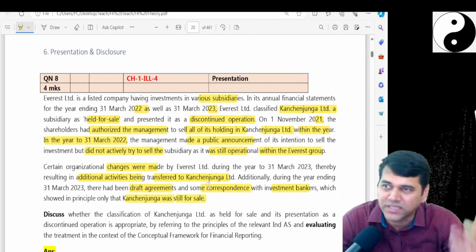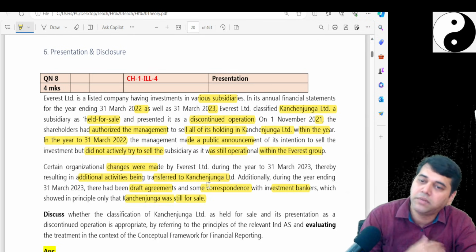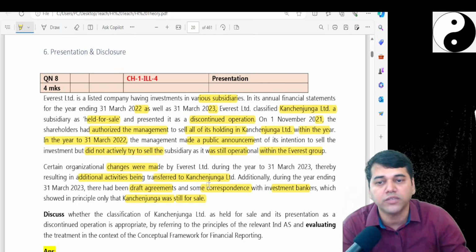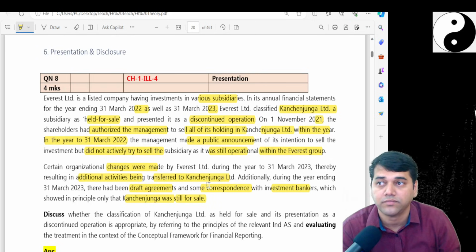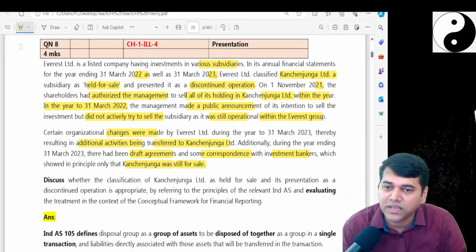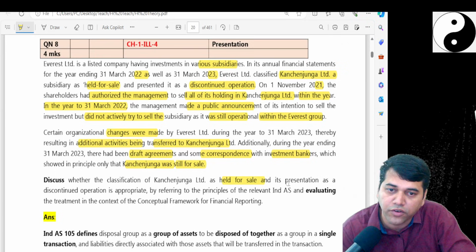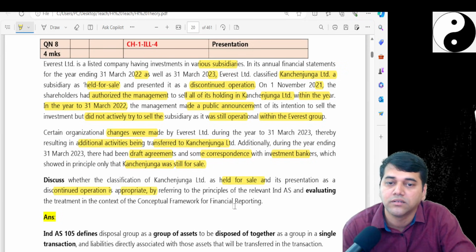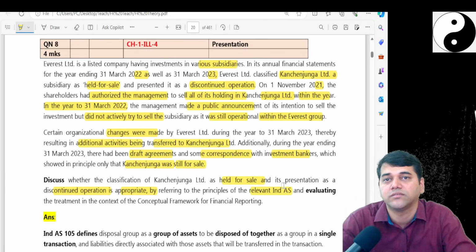So it was for sale only, but I didn't market it. Next year also it was for sale, I didn't sell. But my documents show that it's still for sale. I am not actively involved in it. Now discuss whether the classification of Kanchenjunga as held for sale and its presentation as a discontinued operation is appropriate, with relevant indices.